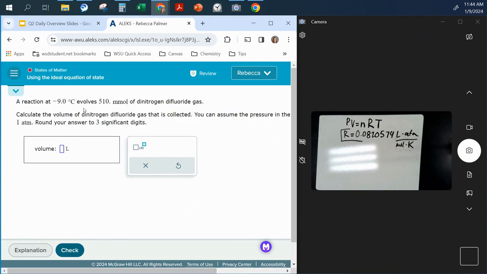A reactor at -9 degrees Celsius evolves 510 millimoles of dinitrogen difluoride gas. So what do we have? We have the temperature, but it's not in Kelvin.